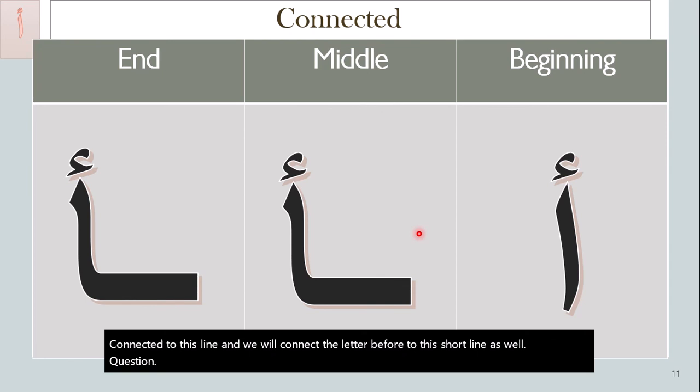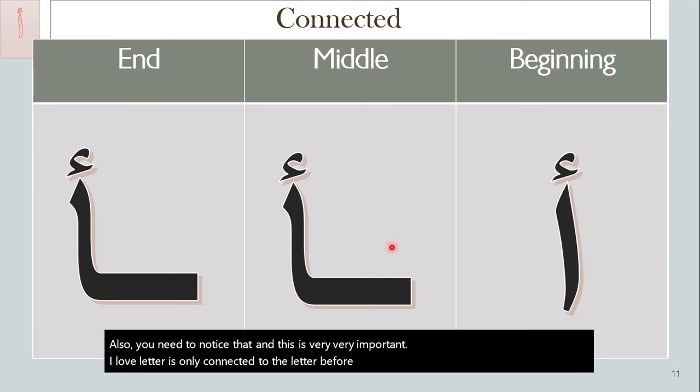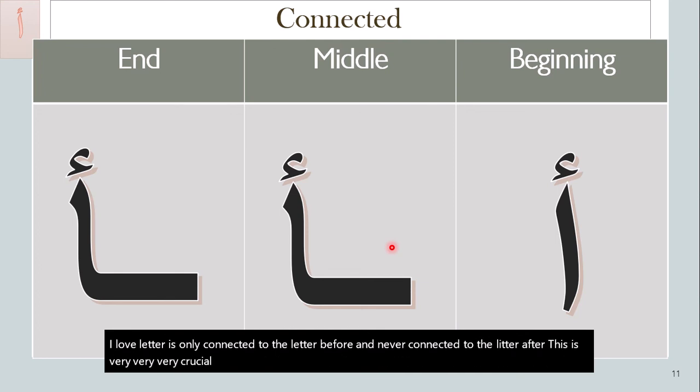Also, you need to notice, and this is very, very important, that the Alif letter is only connected to the letter before and never connected to the letter after. This is very crucial. This is what makes Alif special.